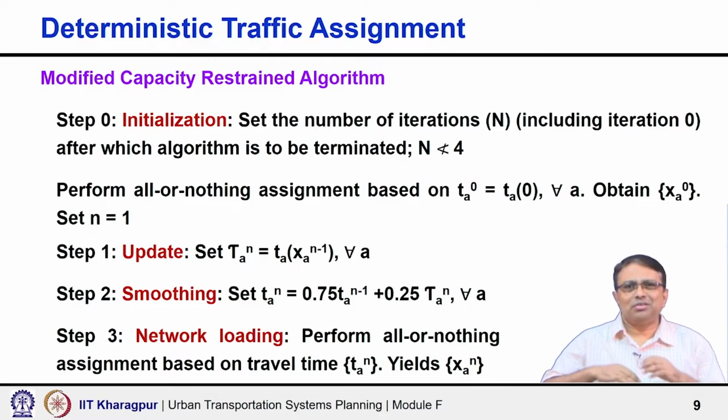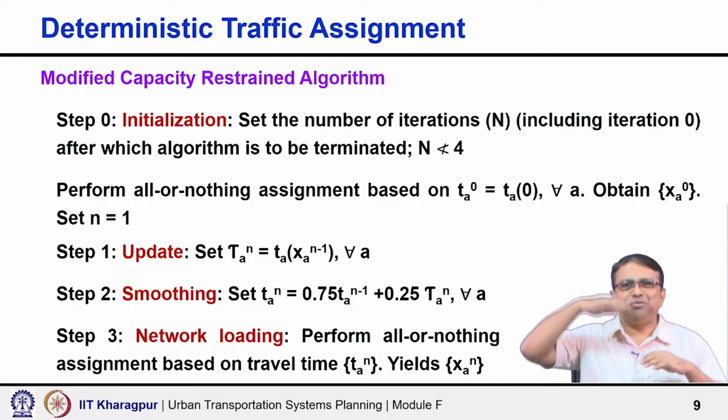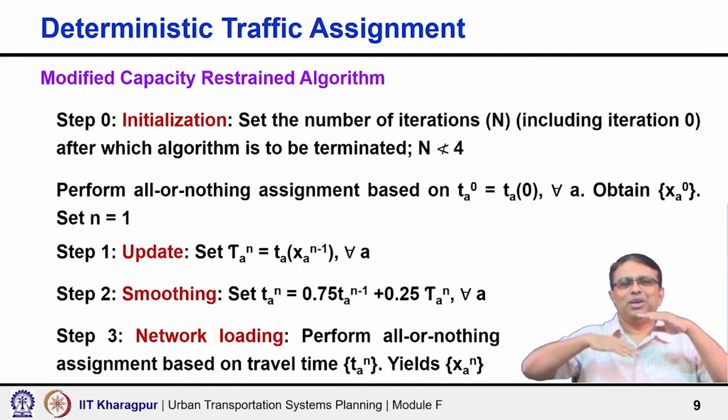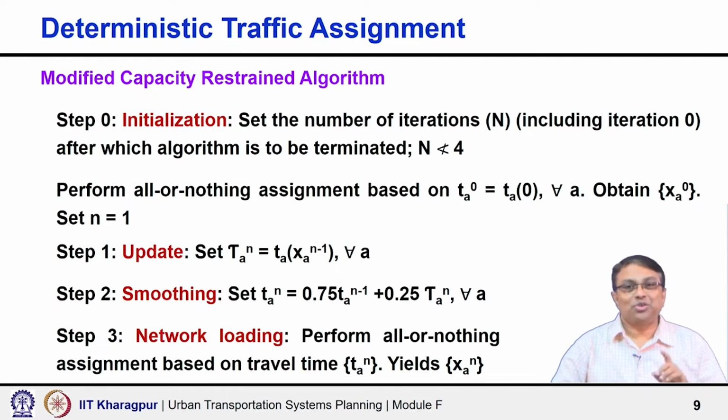That means you are not drastically changing the time. The change of travel time becomes smaller as compared to the previous one, it does not change the time all of a sudden.